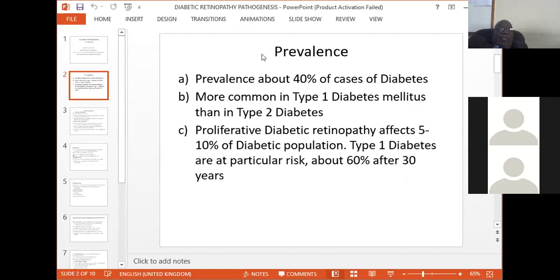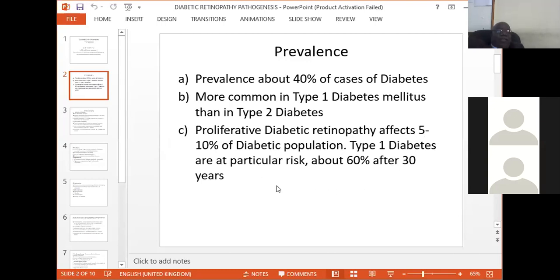Diabetic retinopathy prevalence: about 40% of cases of diabetes will get that. It could be higher in Africa, maybe because of failing treatment. Where they have no treatment, the percentage will be higher. It is more common in type 1 diabetes mellitus than in type 2. Proliferative diabetic retinopathy affects 5 to 10% of the diabetic population.